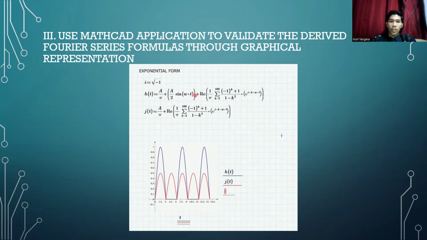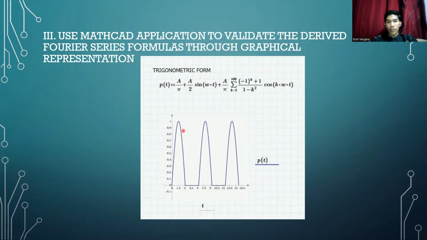So if you remove this one, you will not get the half-wave rectifier signal or waveform. So this is just an additional term for us to get the waveform. But our exponential form is present. So that is for the exponential form.